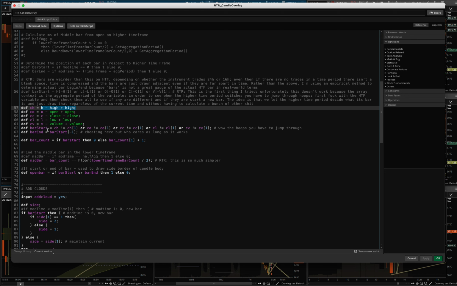So then what I do for bar start is just check the higher order open, close, high, low, and volume. And if any of those are different, then we draw a new bar. The thinking behind this is that now we have an empirical bar, because the higher order time frame knows when its bars are, and it knows how to draw those bars because it's accessing the higher order time frame array.